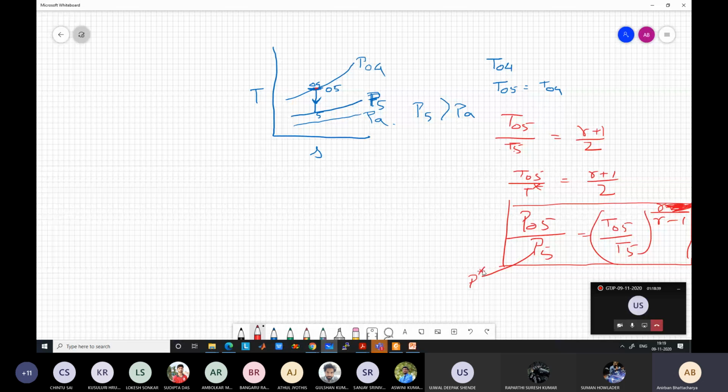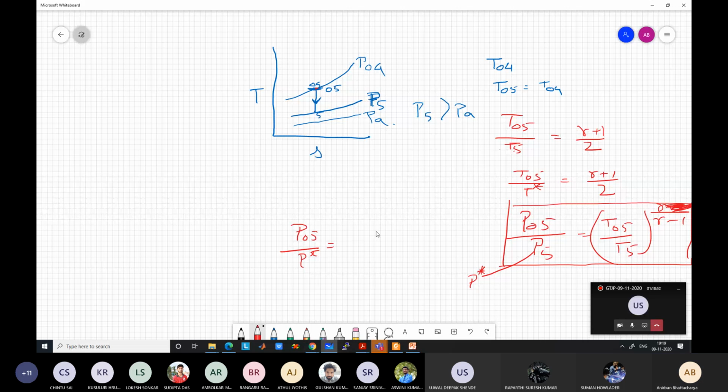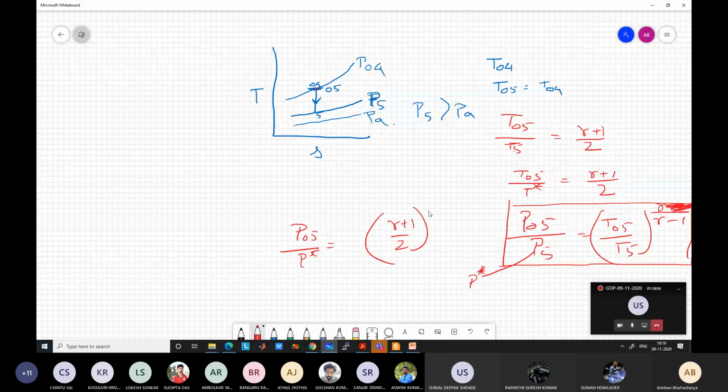Choked condition, so P star is the choked pressure, critical pressure. So this is nothing but P05 by P star is equal to gamma plus 1 by 2 to the power gamma by gamma minus 1. Not difficult to understand.